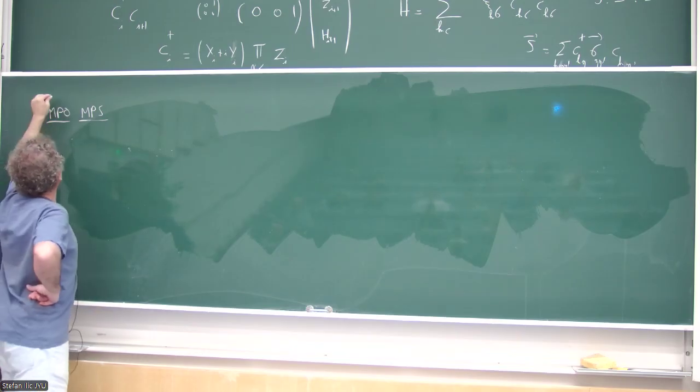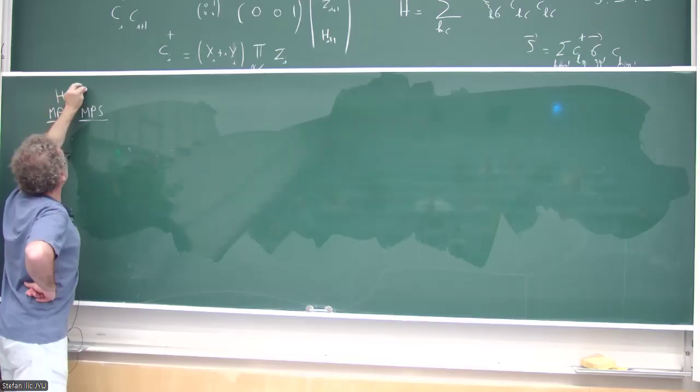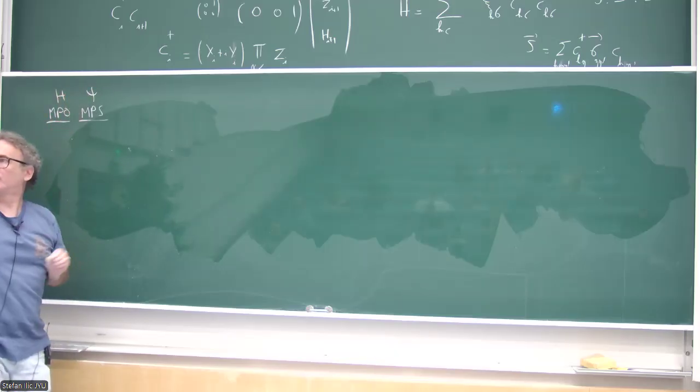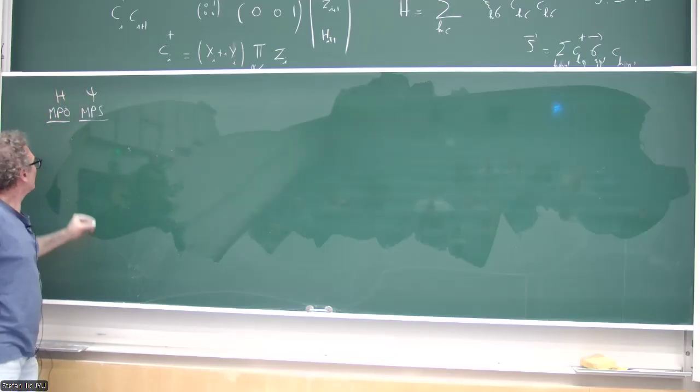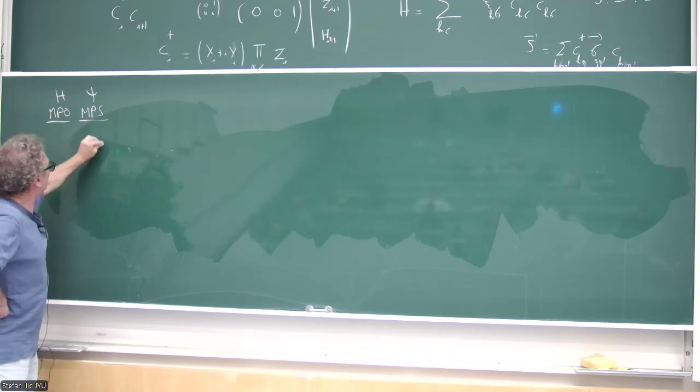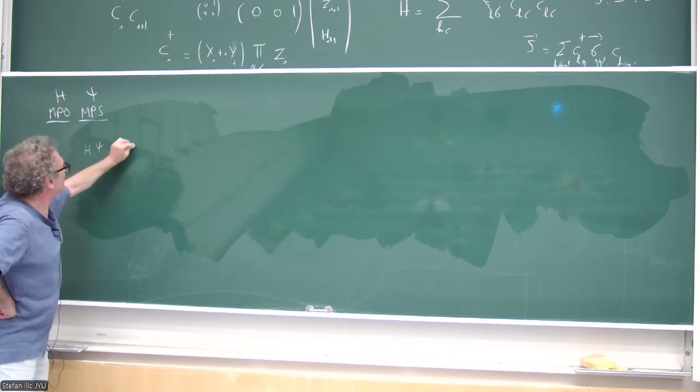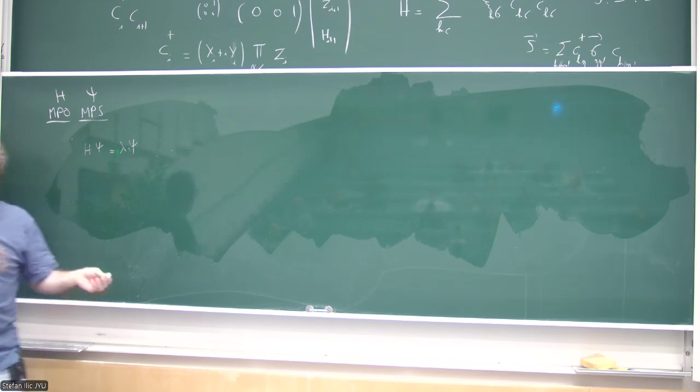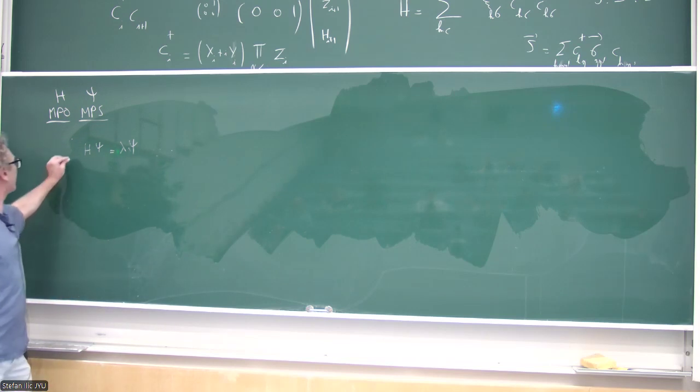So we have an MPO H, an MPS psi, but it could be anything. Now we know how to get the lowest eigenvector and eigenvalue. That's DMRG.